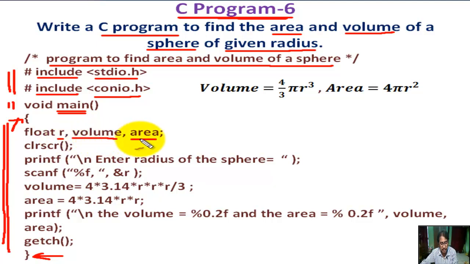These are float variables. Float variable means a floating point or real number that has a decimal part.